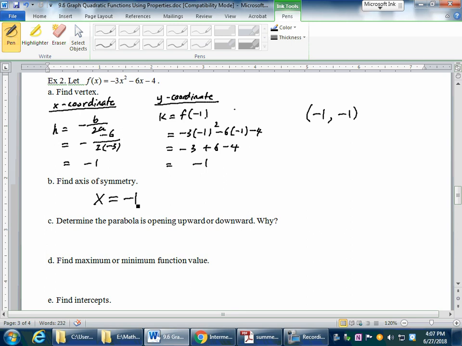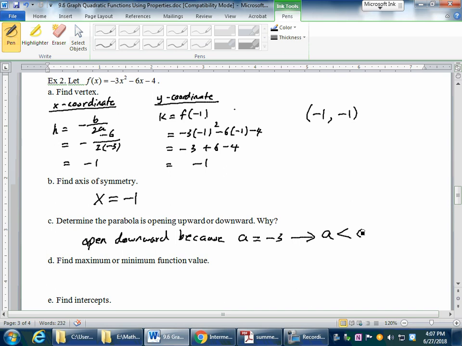In this case, it will open downward, because my a is equal to -3. This basically implies that a is less than 0. Okay, so it is opening downward.